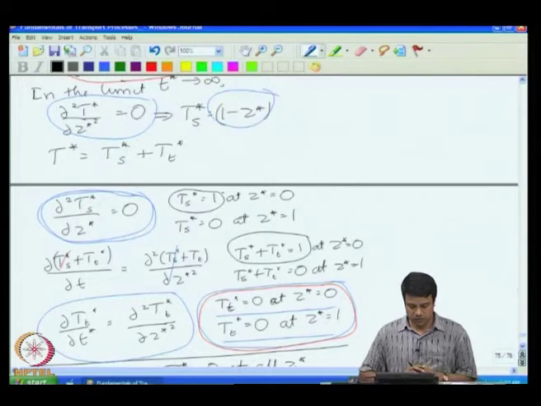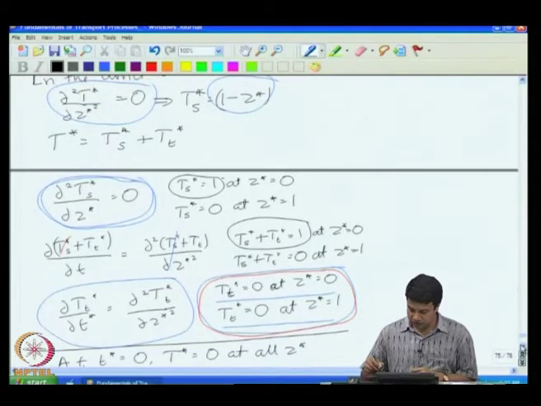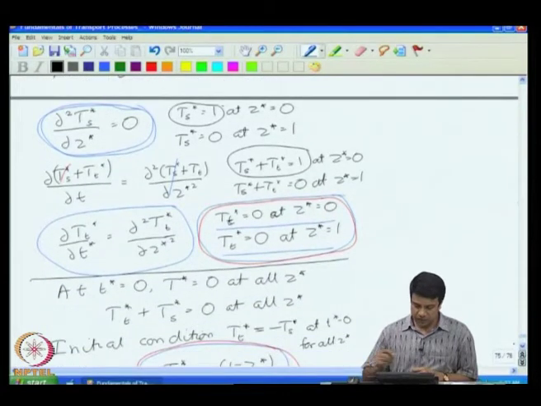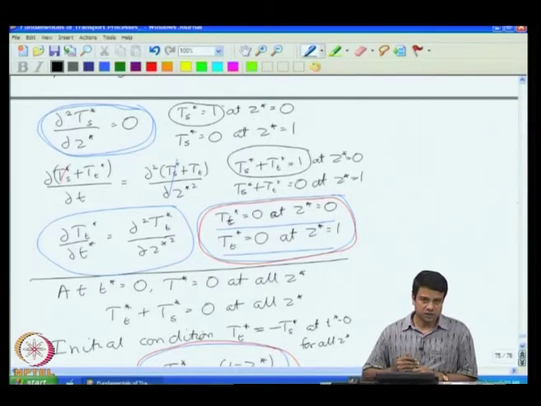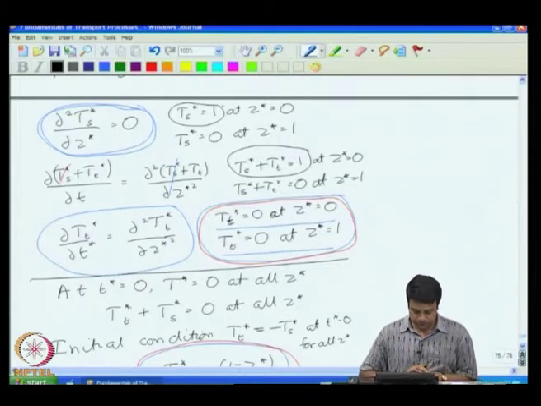Subtract the two and I will get T transient is equal to 0 at both z is equal to 0 and at z is equal to 1. So, as I said, these are homogeneous boundary conditions in the z coordinate. The transient part of the temperature is 0 both at z is equal to 0 as well as at z is equal to 1.